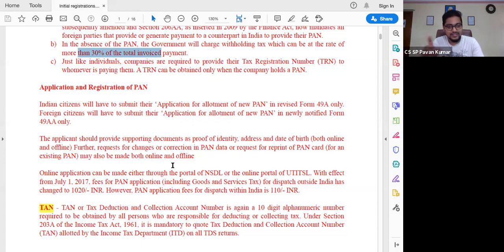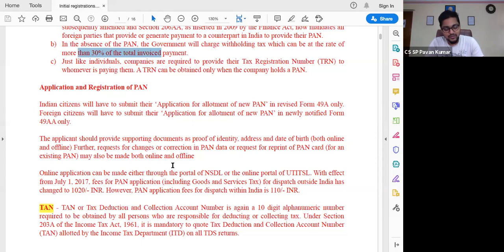Both are capital A's, 49AA. So whenever a foreign national makes an application for a PAN card, the charges will not be 110 rupees, rather it will be 1020 rupees. This 1020 rupees was taken extra because they'll have to courier the PAN card to that particular person.